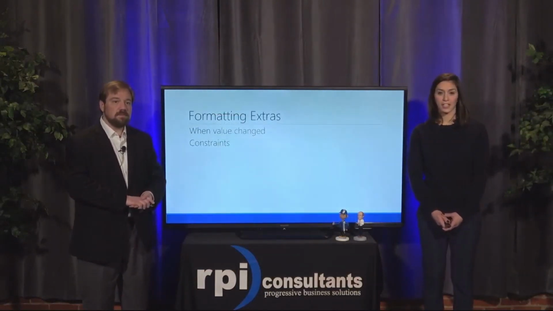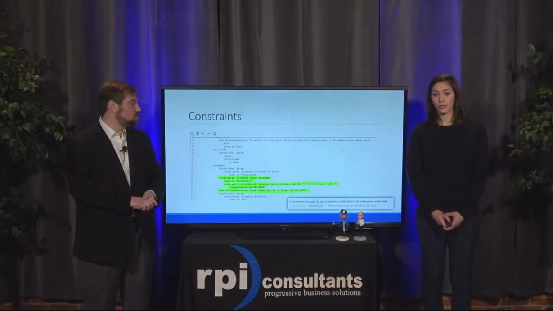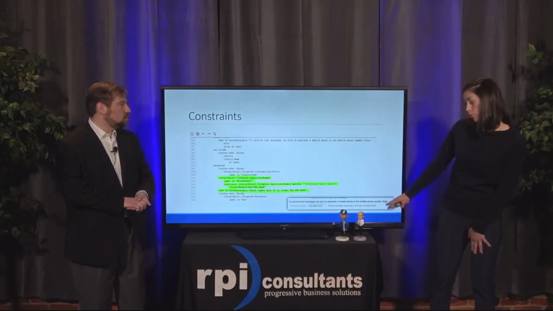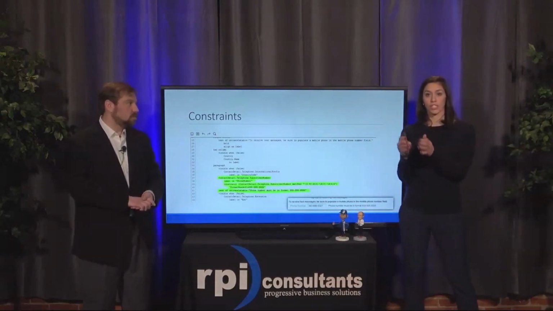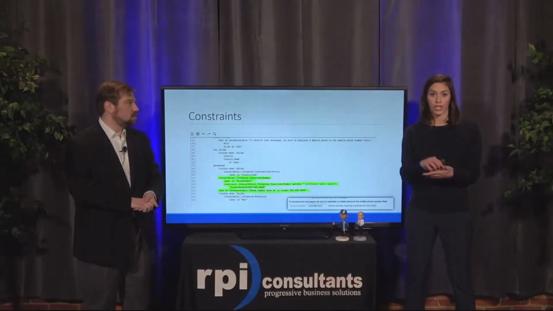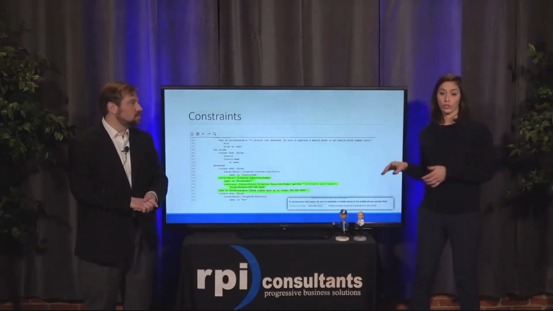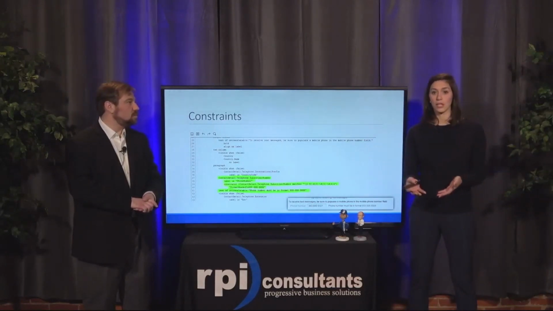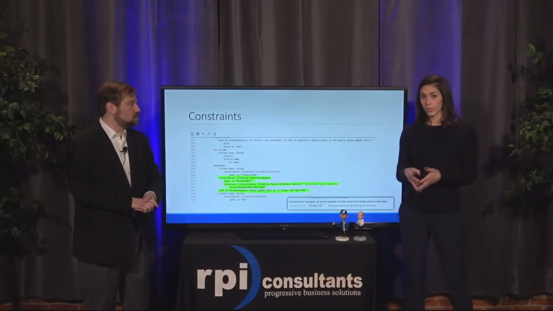Another cool formatting extra is constraints. The most recently used constraint was to make a phone number actually be 3 digits dash 3 digits dash 4 digits. So if you're an employee and you're going to put your phone number into the contact information, you could include dashes, you could include parentheses, you could just have all numbers, and it really didn't force you to use one certain format.